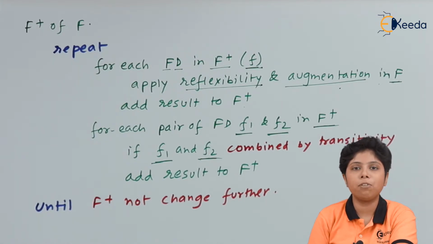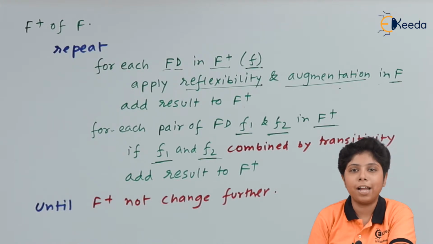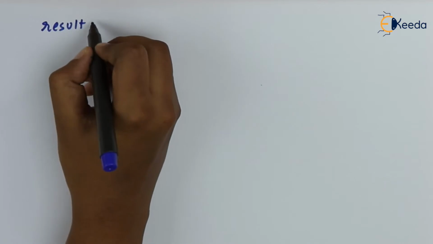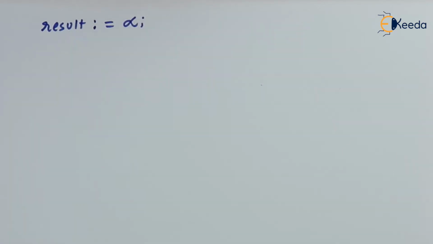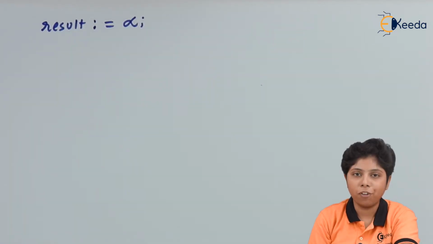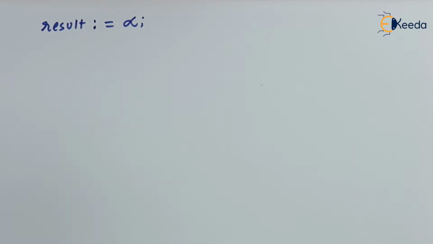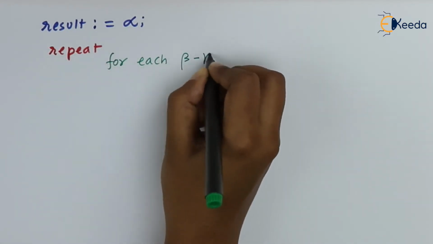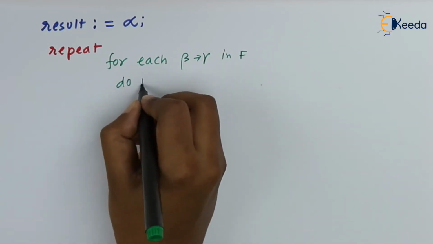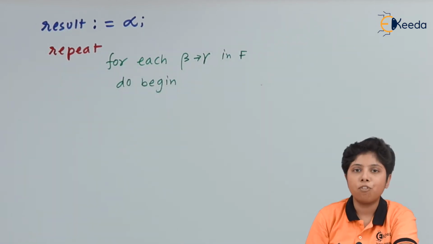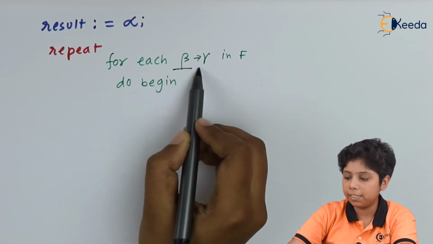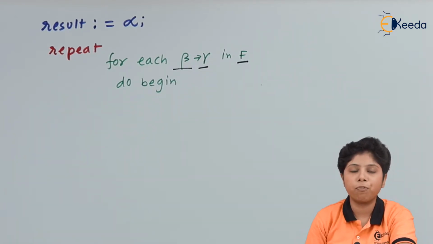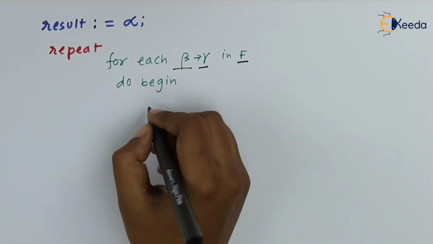Now we will compute the closure under the attribute alpha. So now we are putting alpha in our result. For each functional dependency beta defines gamma in F, we need to perform the following loop.